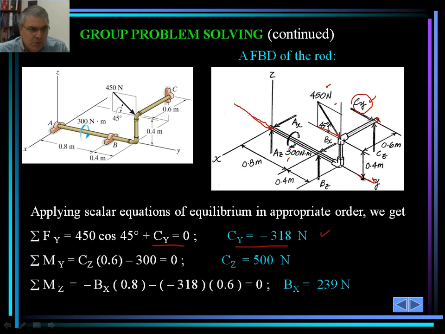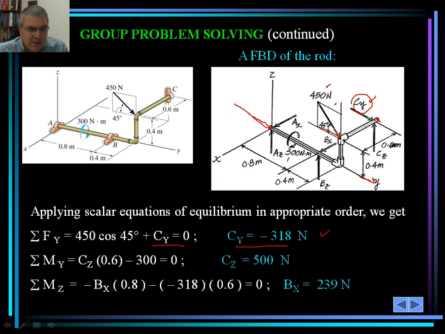It's important to realize that there is a 300 Newton meter external moment applied, so that would cause that. Would the 450 Newton force actually cause any moment, any rotation about the y-axis?